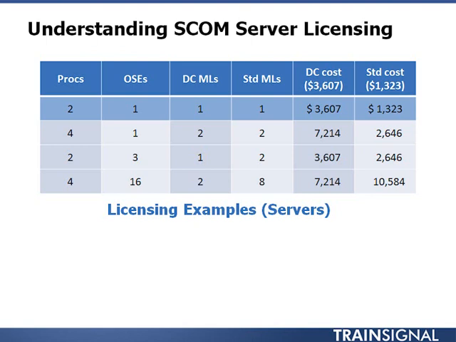If you were to purchase the data center license in this case, it would be $3,607. Or you could buy the standard license, which is $1,323 per OSE. Now, bear in mind that there is 0 functionality difference between the Data Center Edition and the Standard Edition of System Center 2012. Both suites include the same products, it's simply how they're licensed is very different.